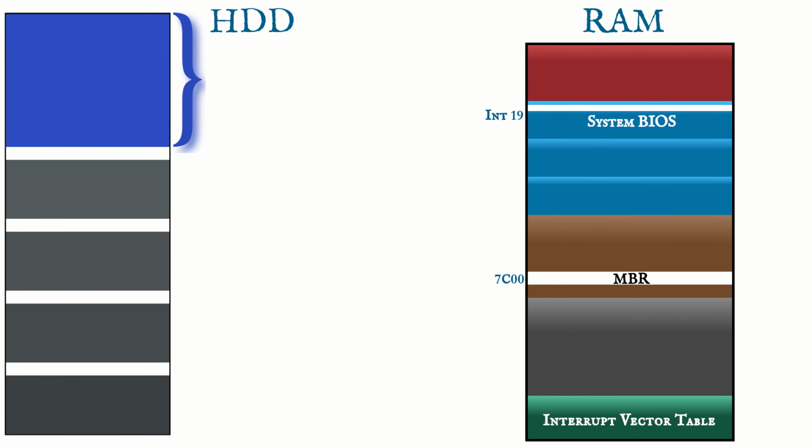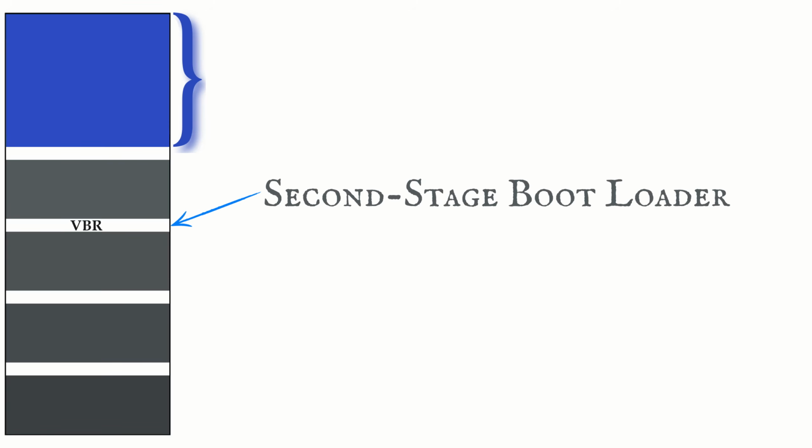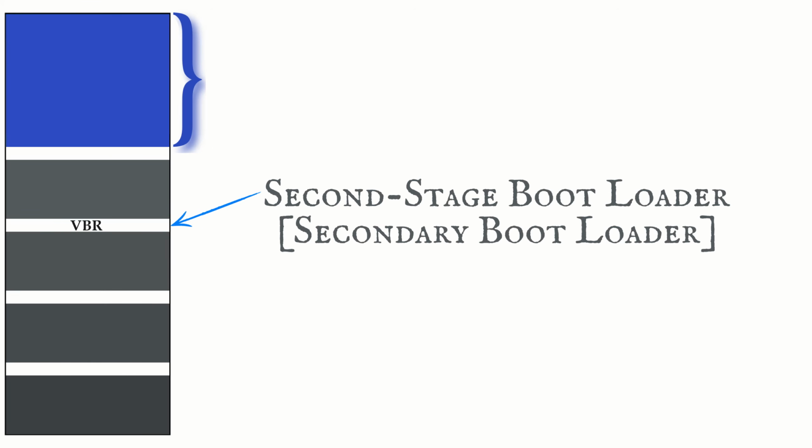The MBR relocates itself to another location in memory from 7C00 during its execution. So when it loads the volume boot record, it loads it in the same location 7C00 where it was initially loaded by the BIOS. The code in this active partition is also called the second stage bootloader or secondary bootloader.